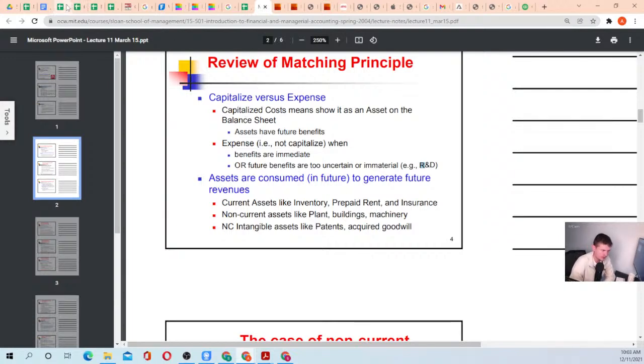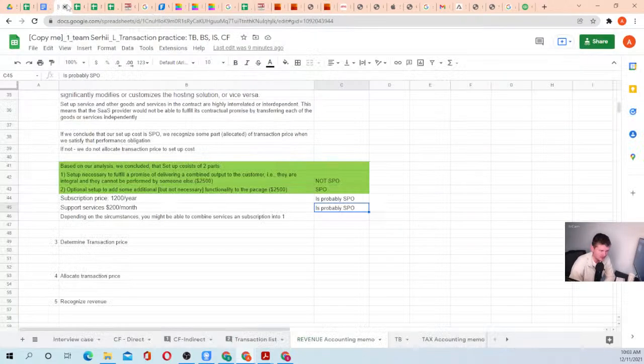So what does it mean? What does capitalization mean in terms of double entry, in terms of accounting entries?